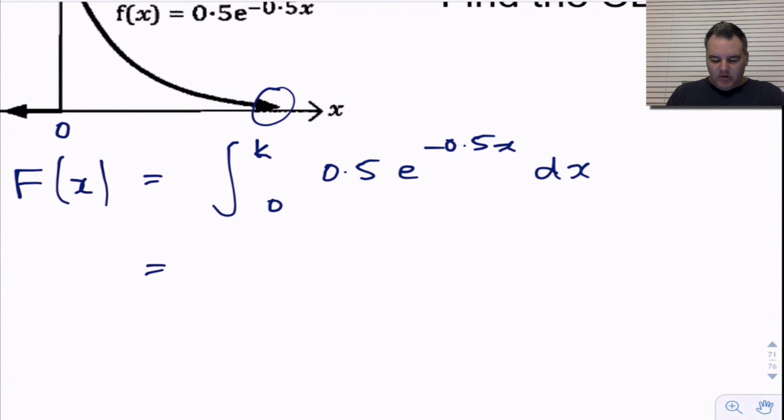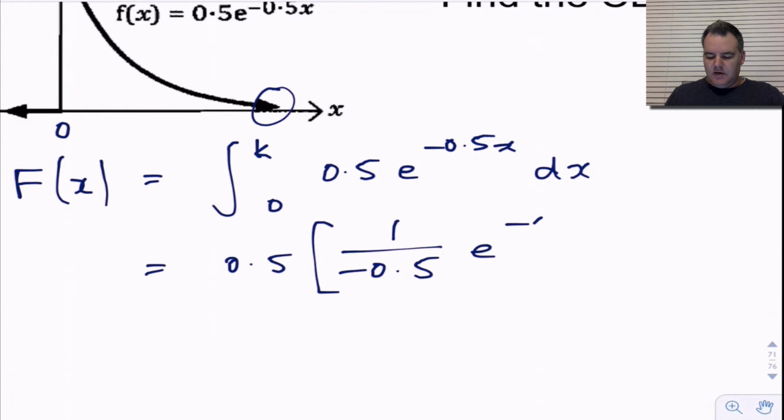So let's do this integration. I'll put the 0.5 out the front, and I'd say e to the negative 0.5x, 1 over negative 0.5 e to the negative 0.5x. The reverse chain rule there, between k and 0.